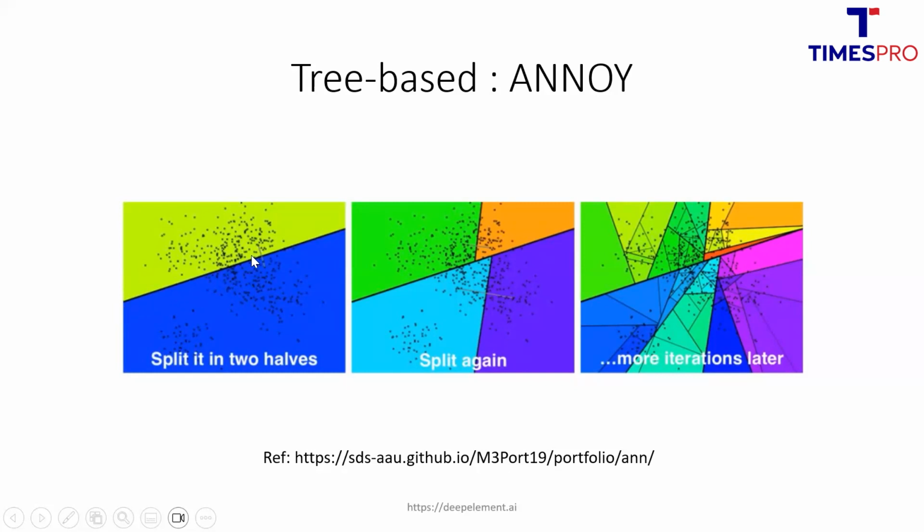So this is a random way of splitting your space, your points, into two parts.